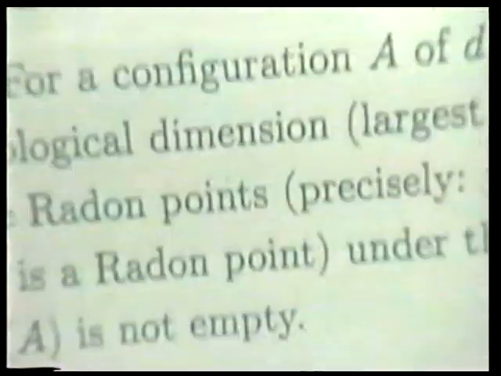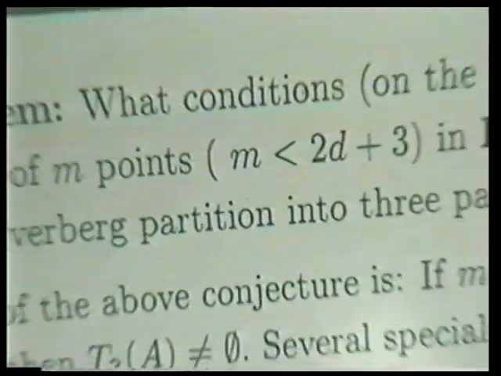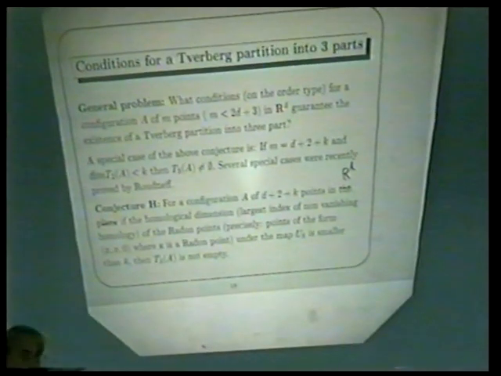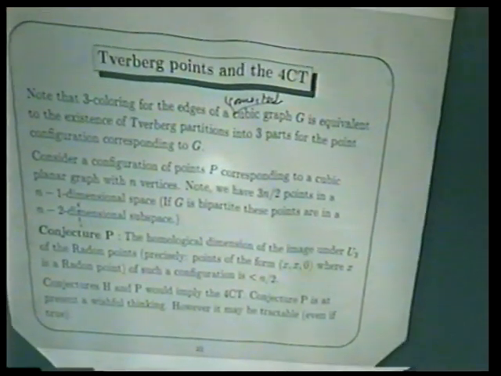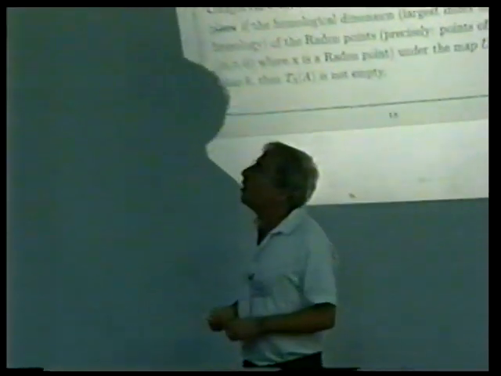This is a topological conjecture which guarantees a partition into three parts. And this is something about planar maps, that the topology of some Radon points is not as general as you would expect. And together, they would imply the four-color theorem. So there is still some work to be done.